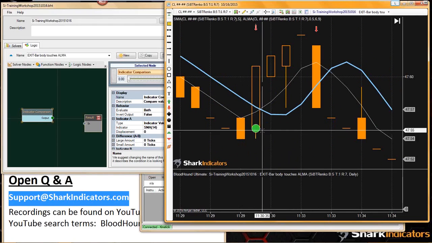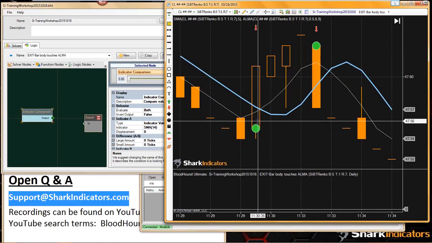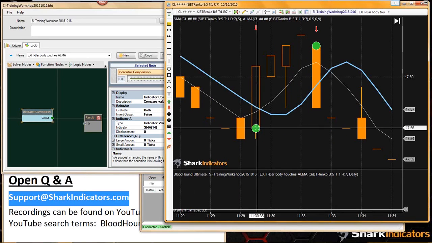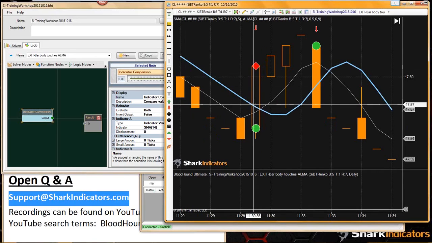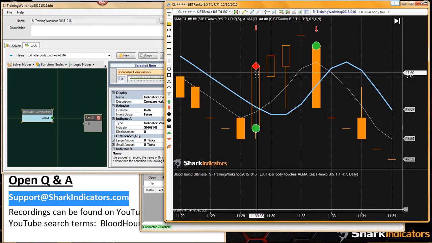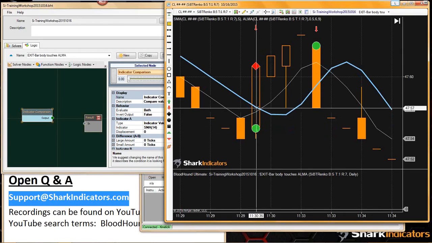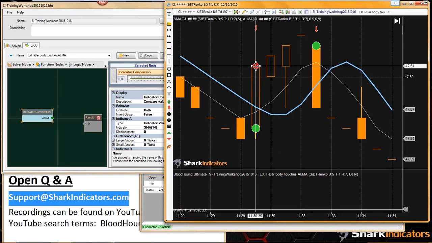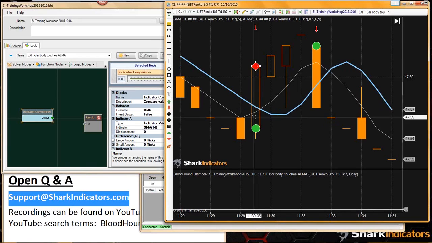So we have the open of the bar, and this is the open of this bar. So if the open is less than our indicator, then the close of the price needs to be greater than the indicator, right? So we need these two conditions to both be true. So the open has to be less than the indicator, and the close has to be greater than the indicator. That's how that works for an up bar.